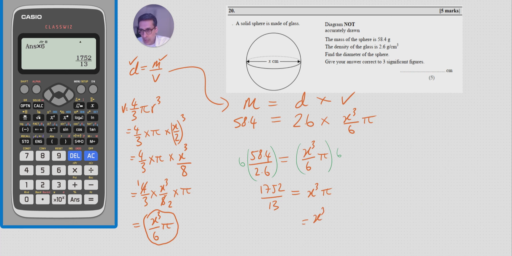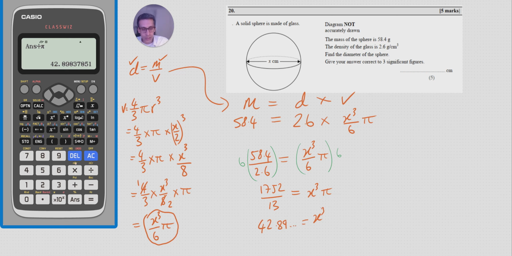So I have the fraction on the calculator already, so we're just going to press divide by shift and then pi, and that gives us 42.89. So we're just going to write 42.89, so it's not fully rounded yet.